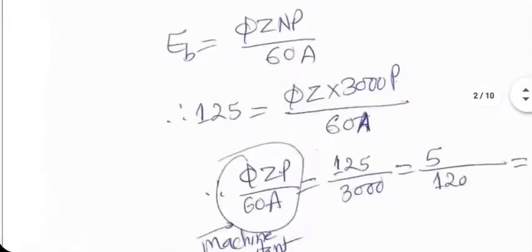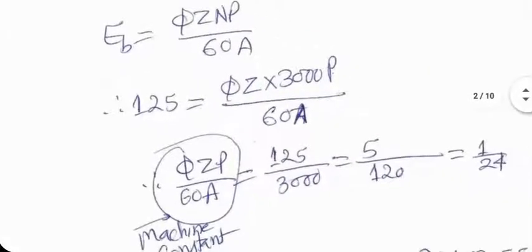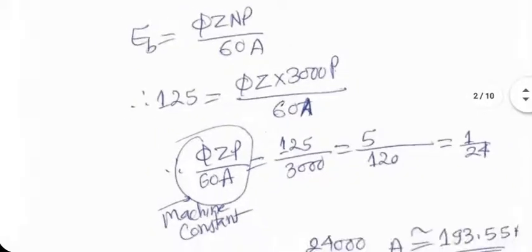So the remaining factor, which you don't need to know individually, like you don't need to know Z, P, A, etc. separately. For a given machine, they are all constant anyway. Once the machine has been built, Z will not change, P will not change, A will not change. It is called a machine constant. And even flux, I'm assuming that, let's say it's not changing, suppose.